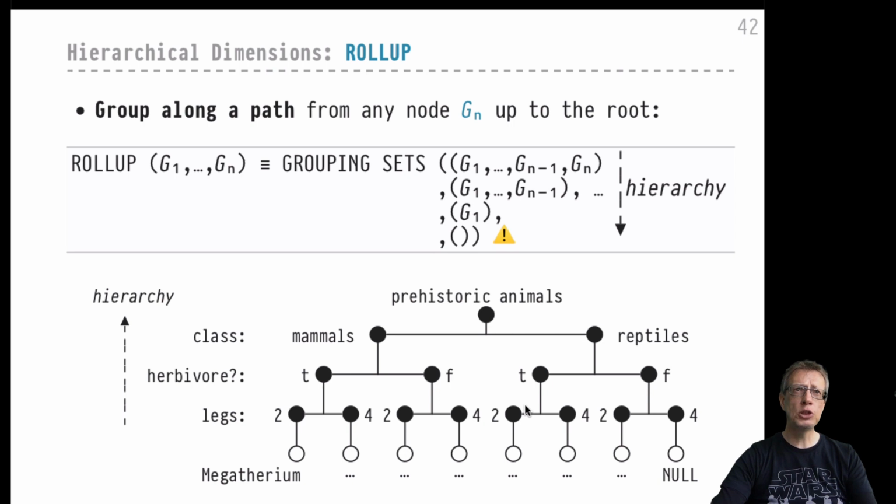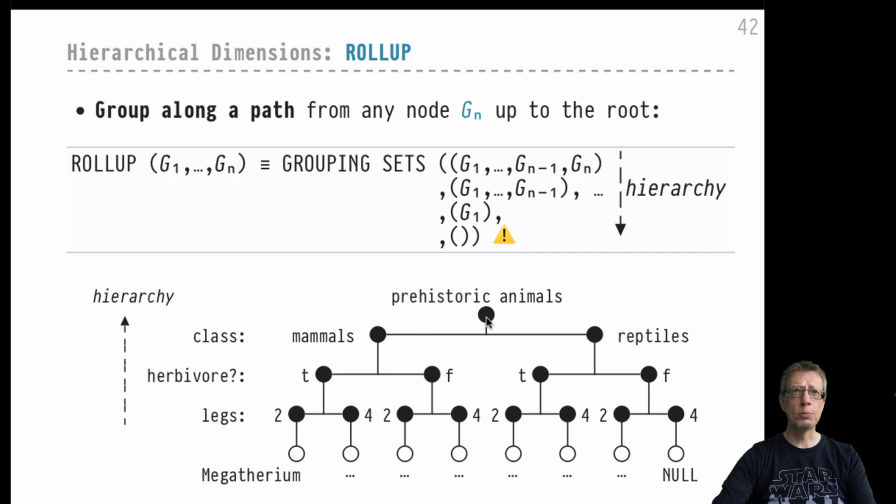Adding another dimension, the legs dimension, would further descend down the hierarchy and make the partitioning even more fine, and we would end up in these nodes here. So this node represents the four-legged carnivores, which are mammals among the prehistoric animals that we have specified.